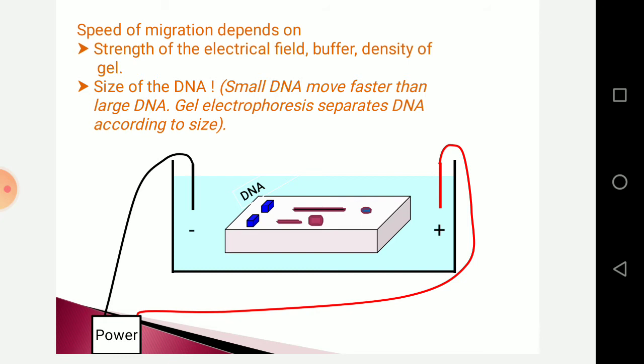According to me, the person who is thin, smaller will run faster, and the person who is fat and bigger will run at very less speed. So same with the DNA. The smaller fragment will move faster, and the larger fragment will move slower, and it will not move very far away from its well spot.